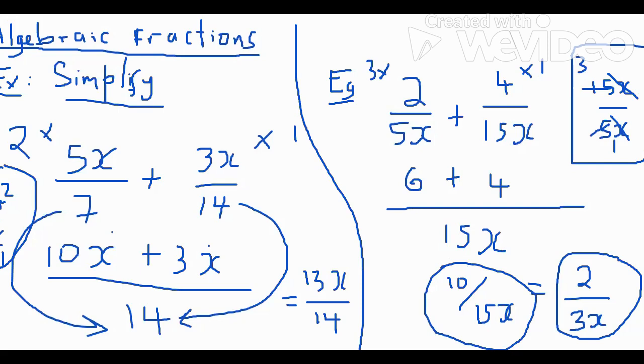Sir, is it okay to just multiply both of them? It's not. What do you mean? For example, multiply the 5 and the 15, because you said it's the lowest common multiple.